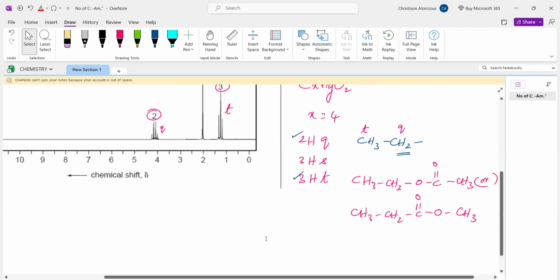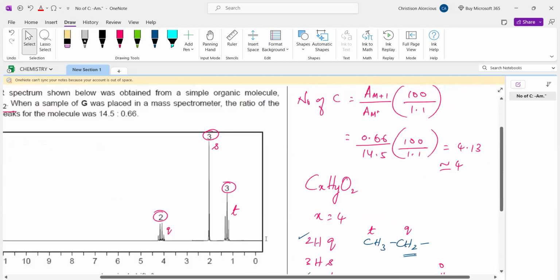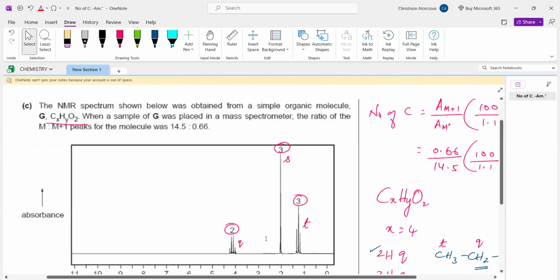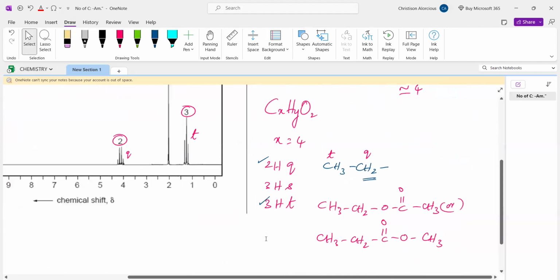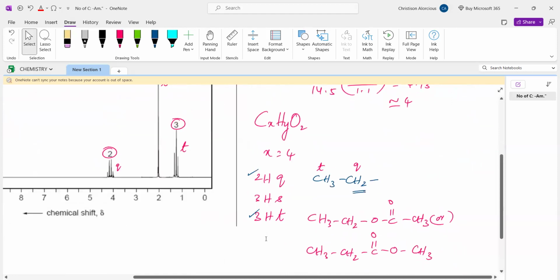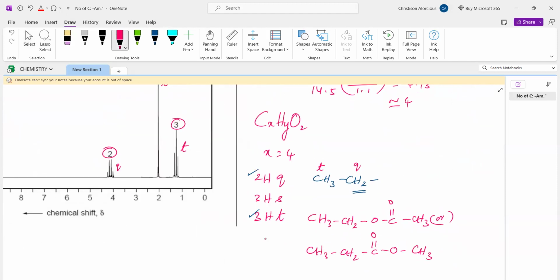You can refer to the values, the value of the 3 hydrogen singlet. If it is present next to a C double bond O, it'll be a little more upfield, so it'll be closer to that.